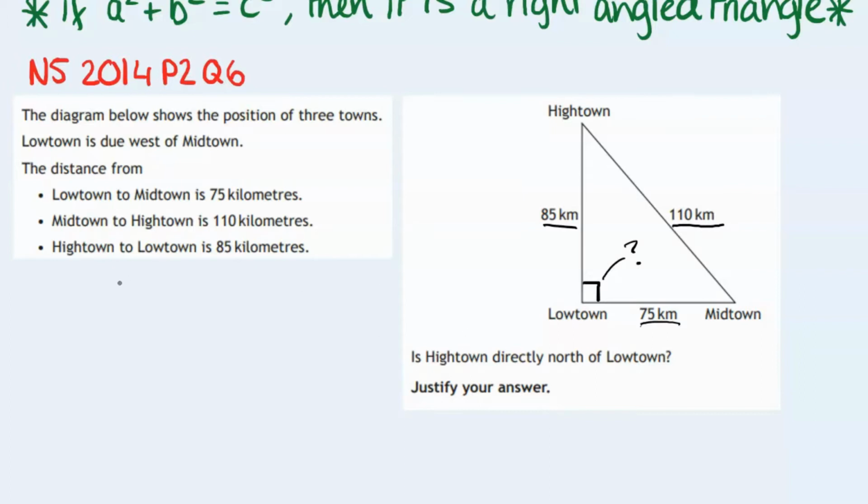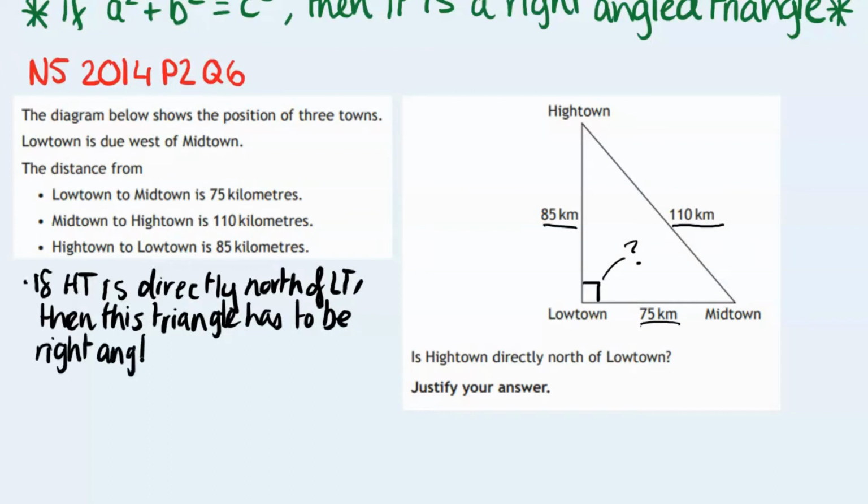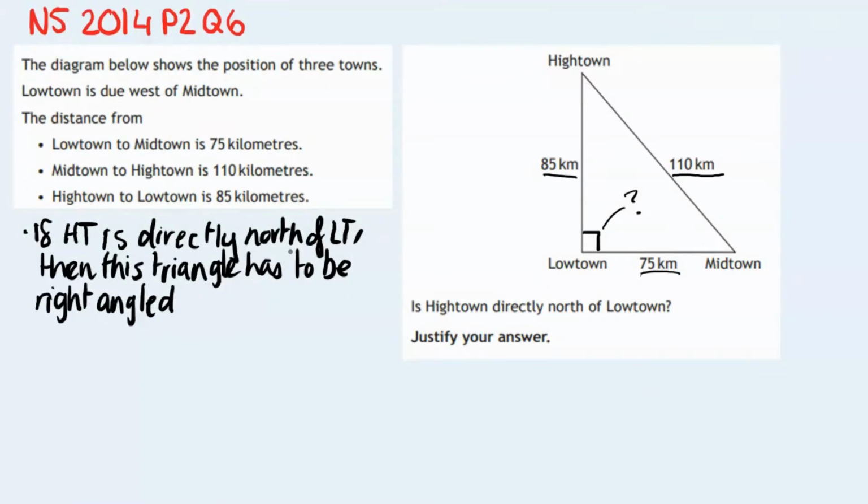So we can say that if Hightown, HT for Hightown, is directly north of Lowtown, then this triangle has to be right angled. It's best for these types of questions to add a sentence to show the examiner what you're thinking, because we need to justify our answer and write a few sentences.